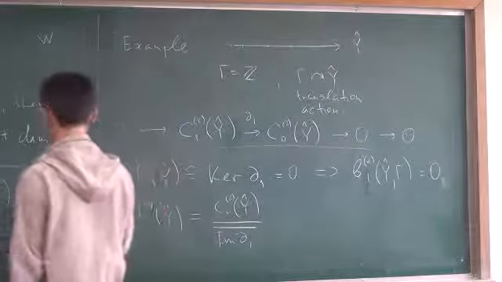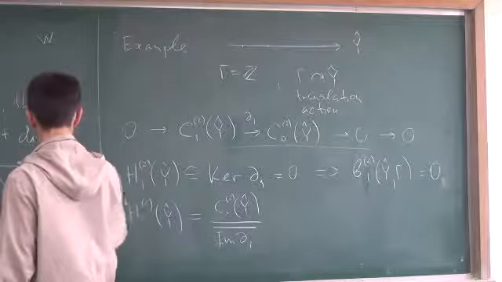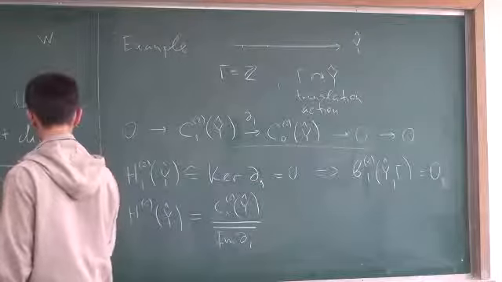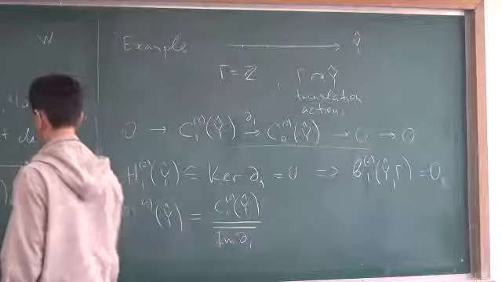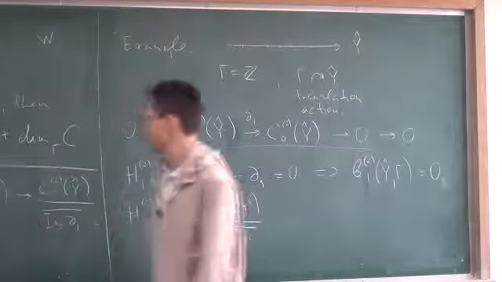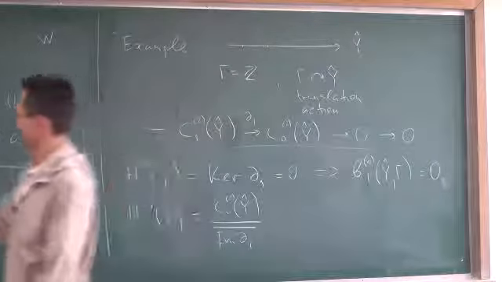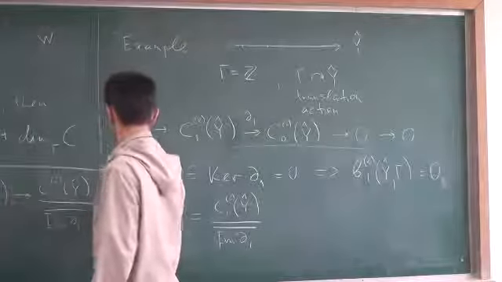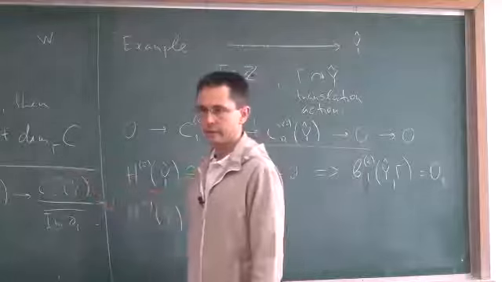I put the quotient: C2, 0, y hat, quotient by the closure of the image of d1. This is d1, right? This is now a weakly short exact sequence. I can complete it with 0 on the left and 0 on the right. This is now weakly exact.